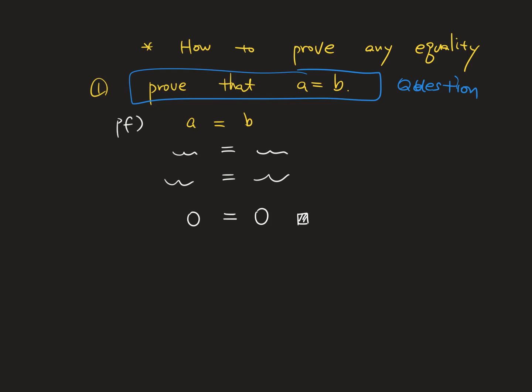So the right answer should start by calculating A minus B. Then you start with this equation, and then write a chain of equalities, and then finally you get 0 here, and then you can write the end of the proof.